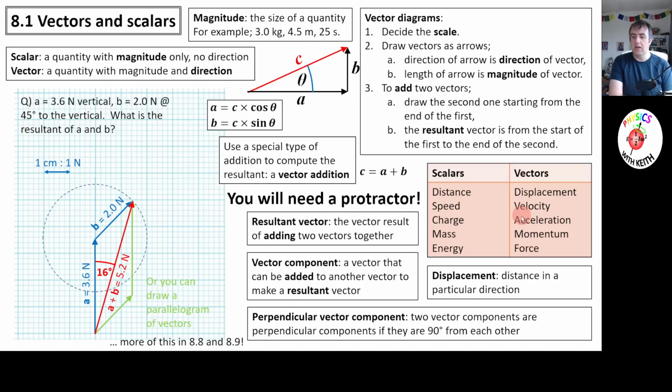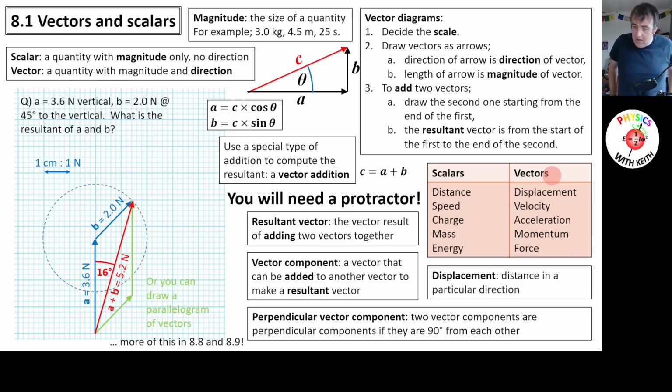Well, now we've cleared that up, why are we so bothered about whether something's got a direction or not? It feels like an awkward add-on, like an inconvenience to talk about the direction. Well, it's because it matters. So let me explain to you why. When we add vectors, we have to consider the vector nature of the quantities we are adding together.